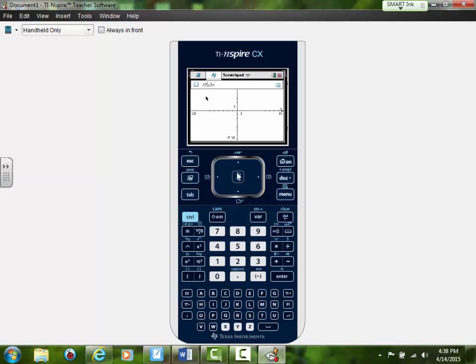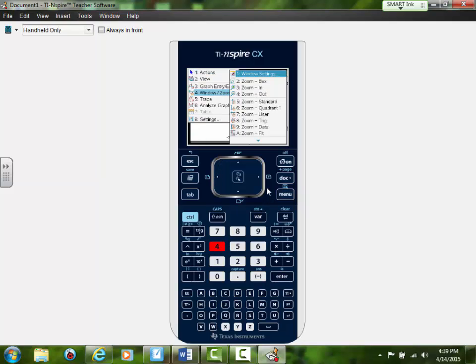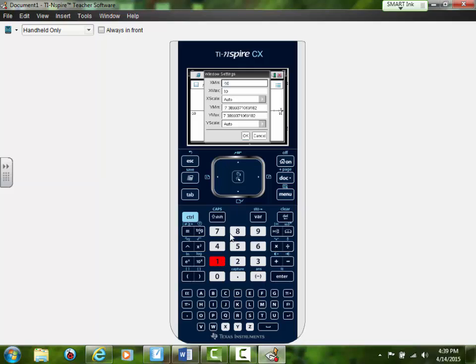Okay. Before we start graphing, I'd like us to set up our window to match the grid on our paper. So select menu and then window, so 4, and we're going to do number 1 for the window. On our grid, it has a line at -pi over 2, so we're going to type -pi divided by 2.